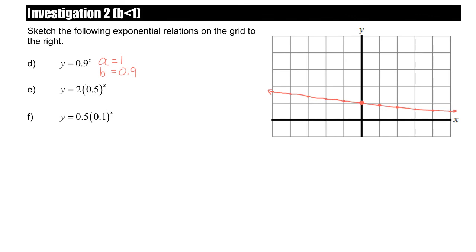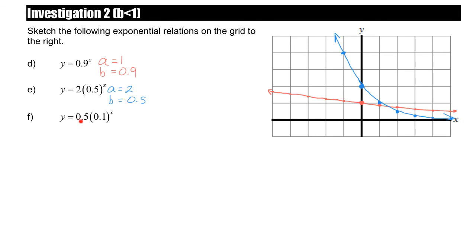For the next one, A is 2, B is 0.5. So if A is 2, the y-intercept is 2. The decay factor is 0.5. So we're multiplying our y values by 0.5 every time. Now the way you can think of it is it's always 50% of what it was in the previous spot. So we end up with a curve like this.